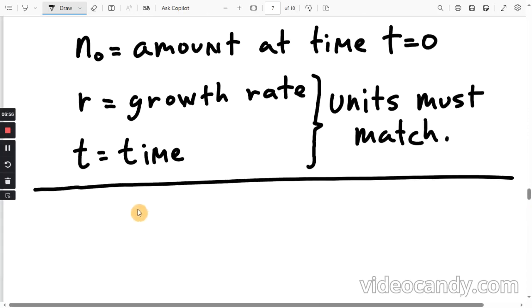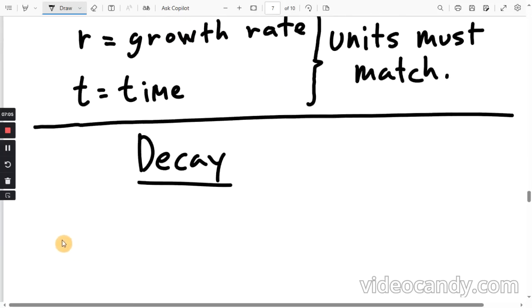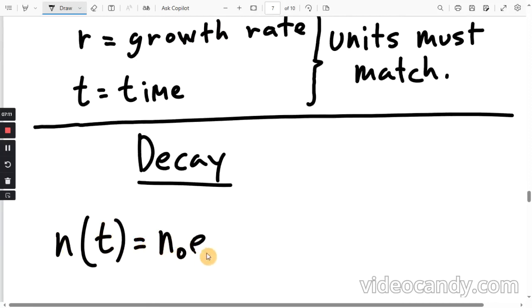And for decay, it's the same thing except the exponent is negative. So N of t is going to equal N sub 0 times e to the negative rt.